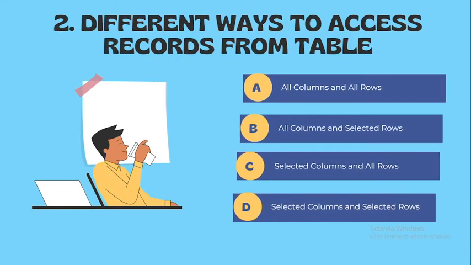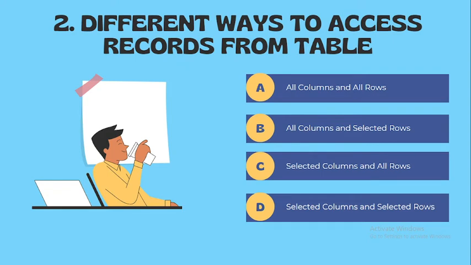Second point, different ways to access records from a table. Once our table is created and it is populated with some records, the next part is how we will be able to access those particular records. There are four different ways to access the records from the table. The first one is all columns and all rows.